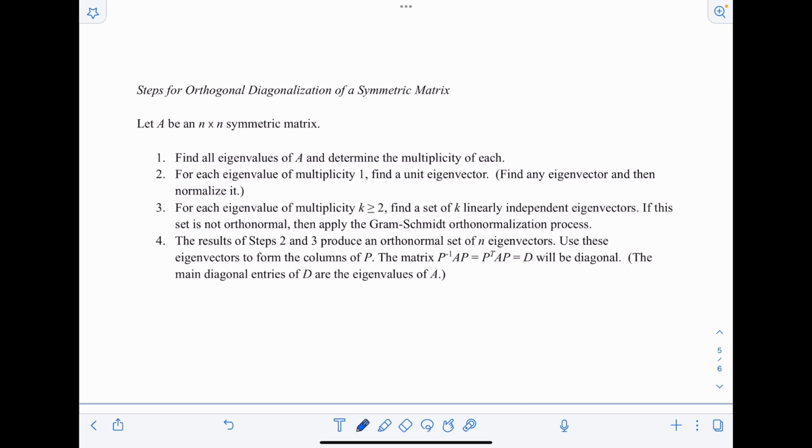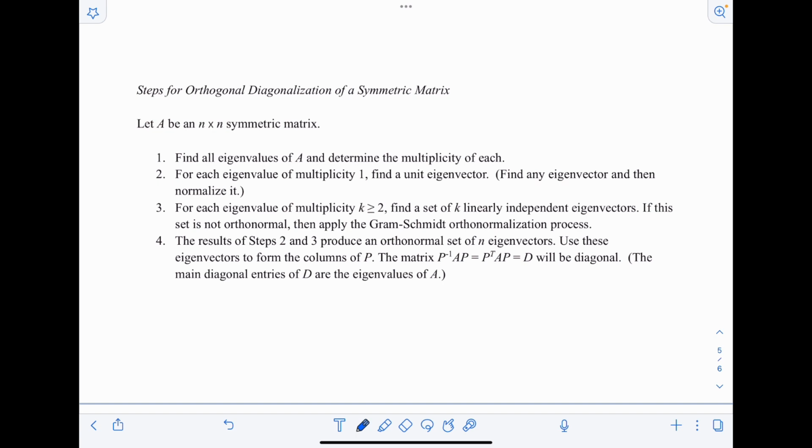We find the set of linearly independent eigenvectors. If they're not orthogonal, we jump back to Chapter 5, the Gram-Schmidt orthonormalization process, and use that to make them orthogonal, and again normalize them. Once we have all of those eigenvectors, we put them into column vectors to create the matrix P.